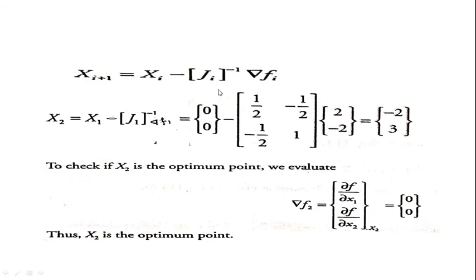After performing all these matrix operations, we get the value as minus 2 and 3 for x2.